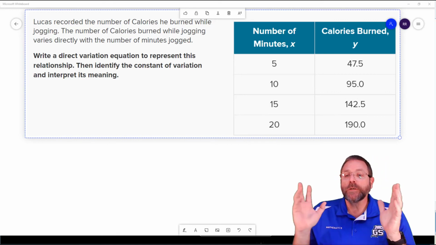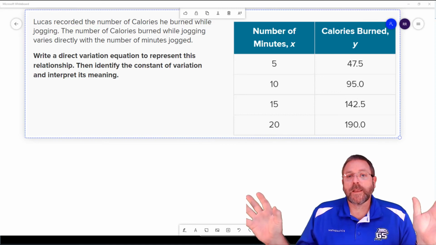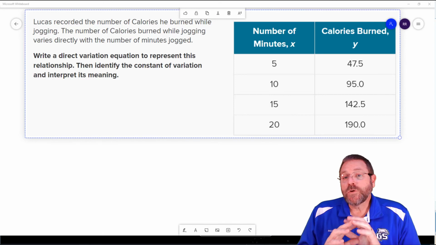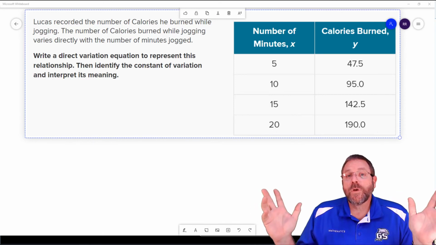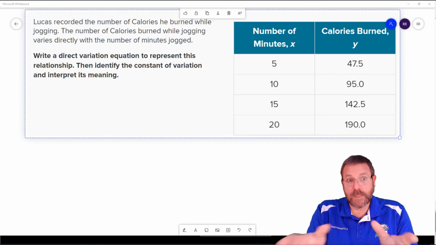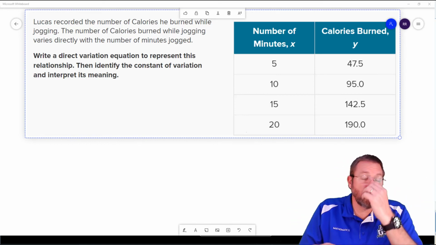Now, we could do any 2 points on this line to get to where we want to go. You don't even really need 2 points because we know it's going through the origin. Because they said it varies directly, it's a direct variation, so they have to go through the origin.